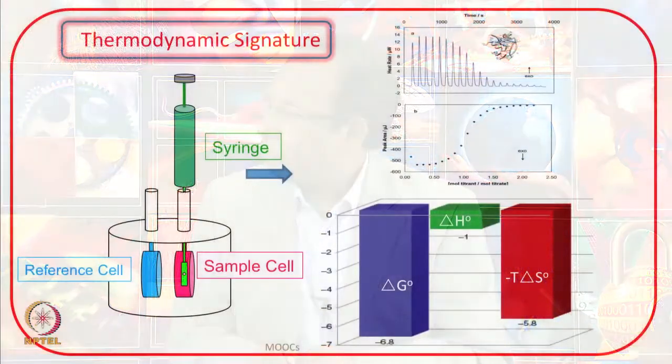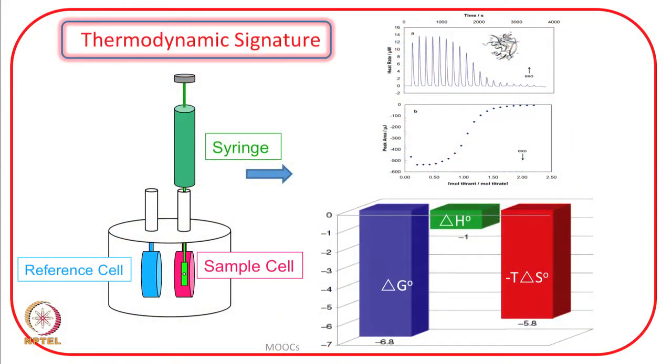Let us take a look at this figure. We have just discussed in the previous lecture that by using isothermal titration calorimetry, we can get the thermodynamic signature associated with a protein ligand interaction, and that too in a single experiment.